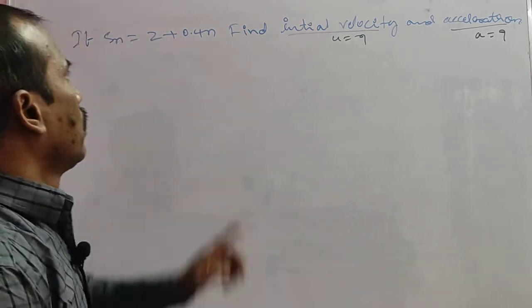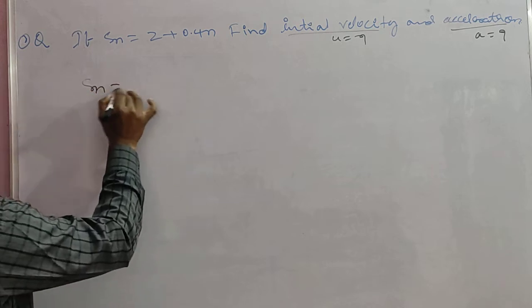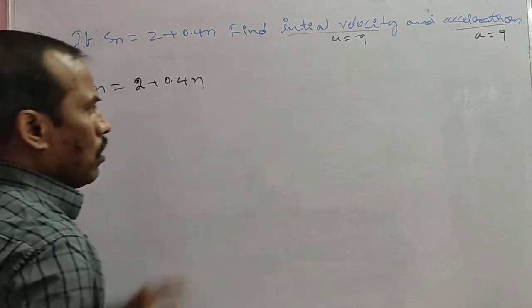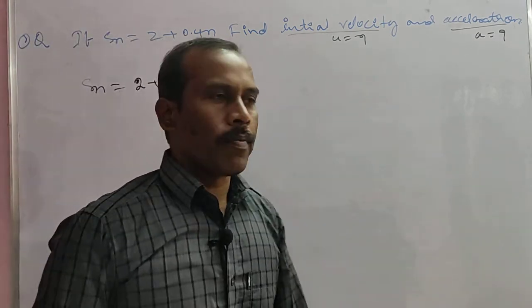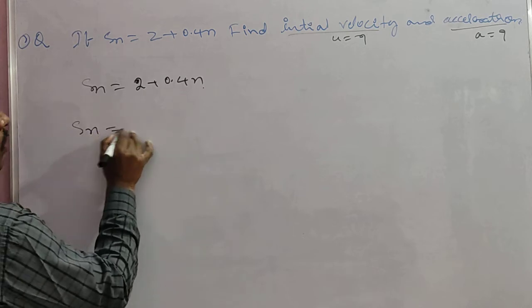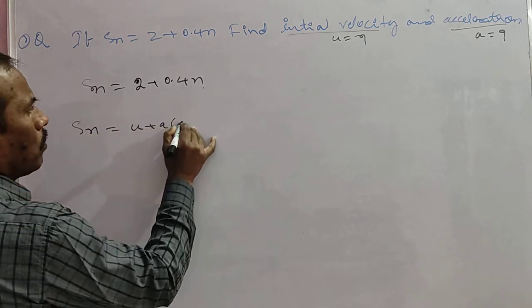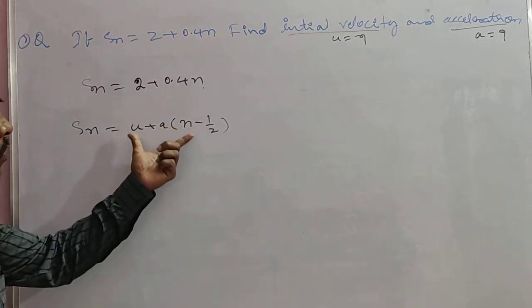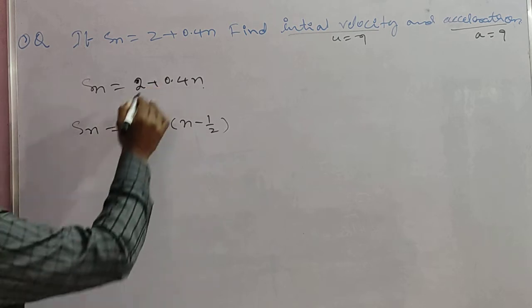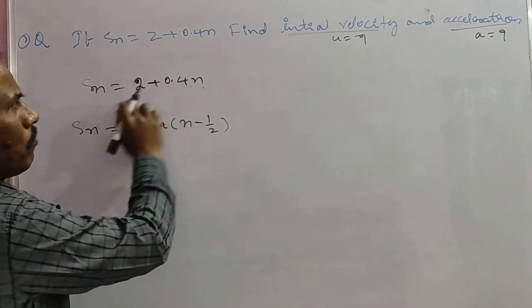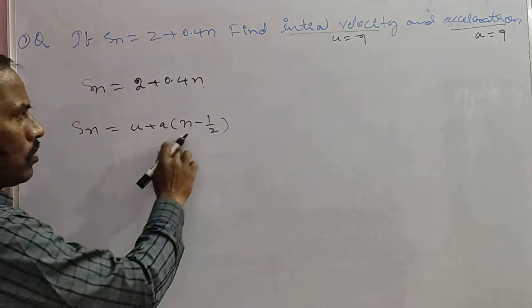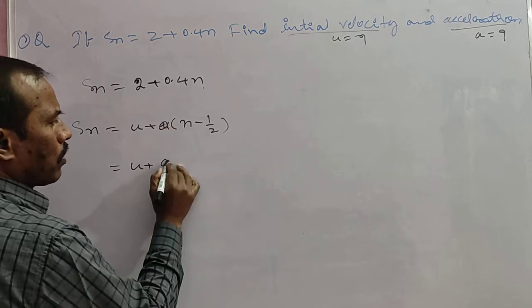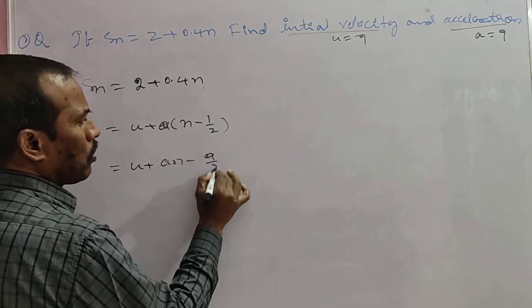First of all, the given data is Sn is equal to 2 plus 0.4n. Now the formula: Sn is equal to u plus a into (n minus 1) by 2. Writing this in the form of an equation: u plus a n minus a by 2.